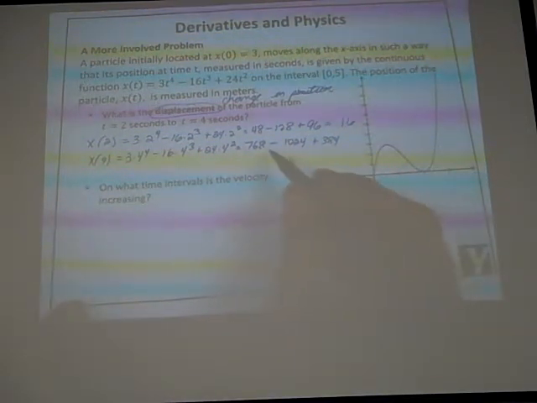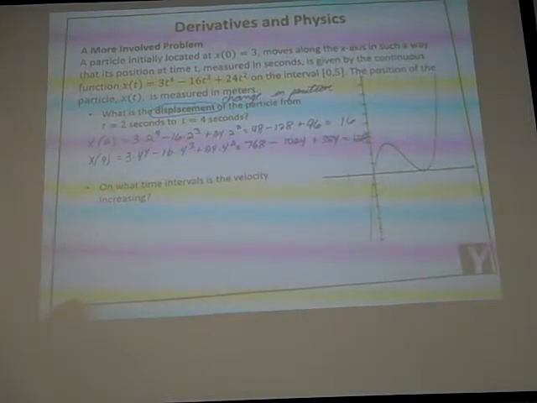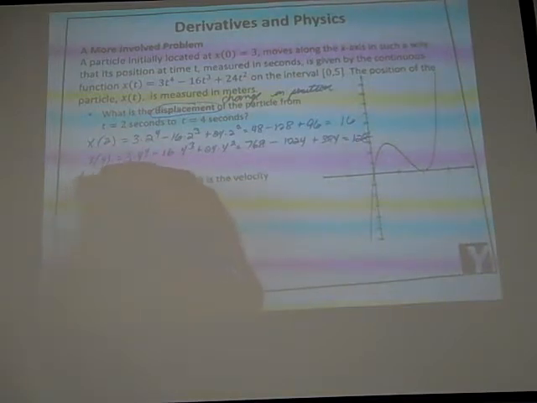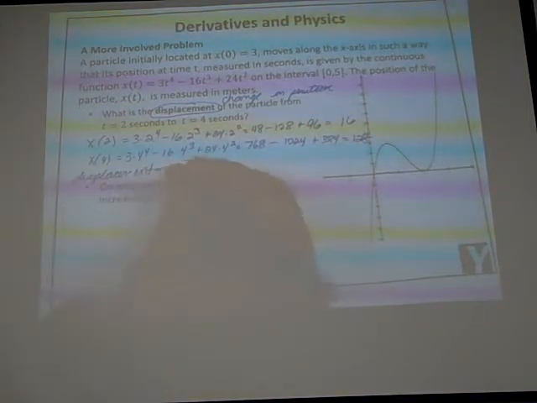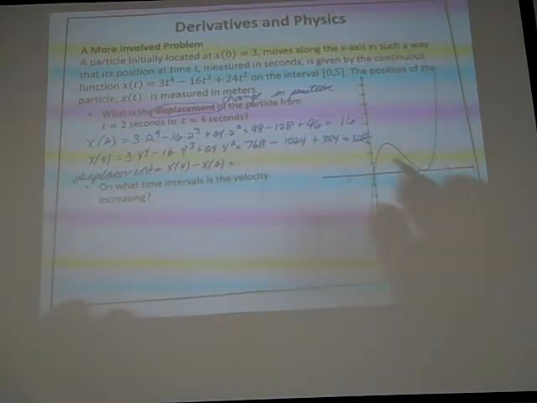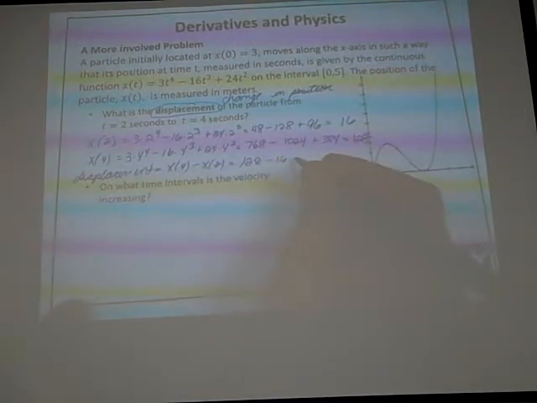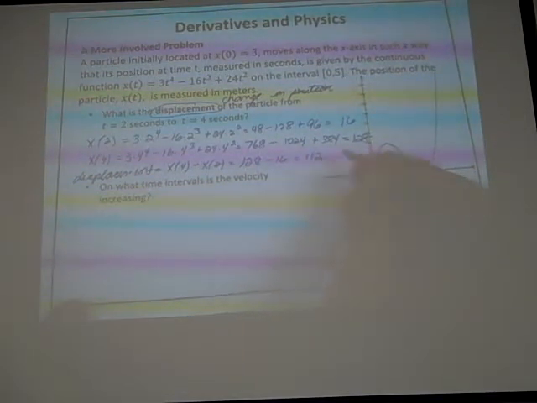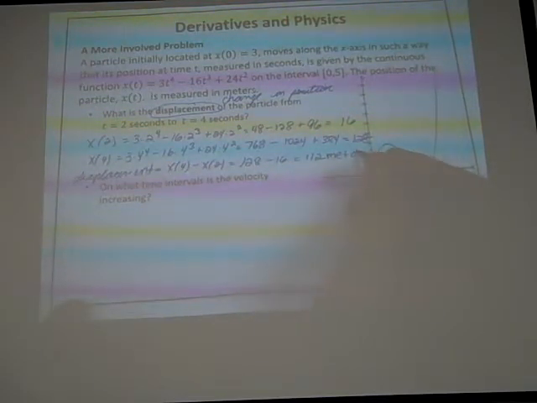And if I do that, I think we're going to get 128. The displacement is found by taking x of 4, the position of the particle at 4 seconds, and subtracting the position of the particle at 2 seconds. We get 128 minus 16, which is 112, and the units here are meters.